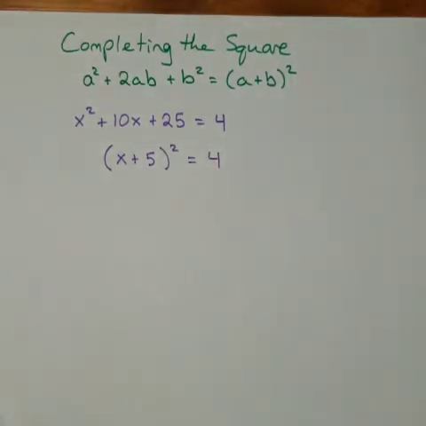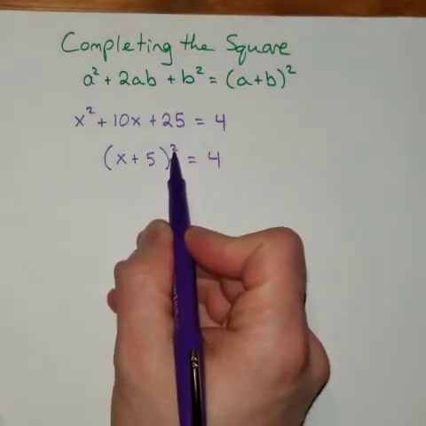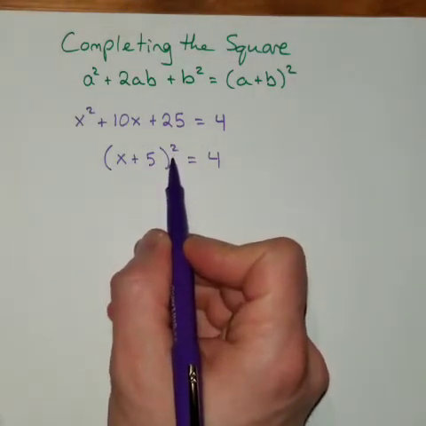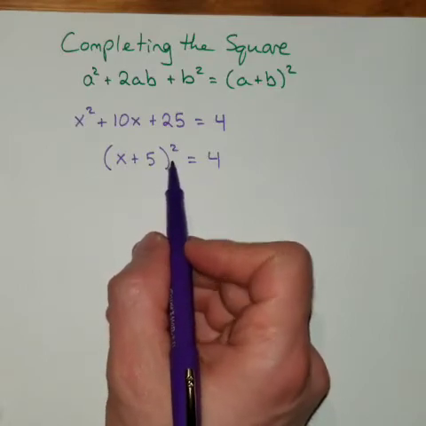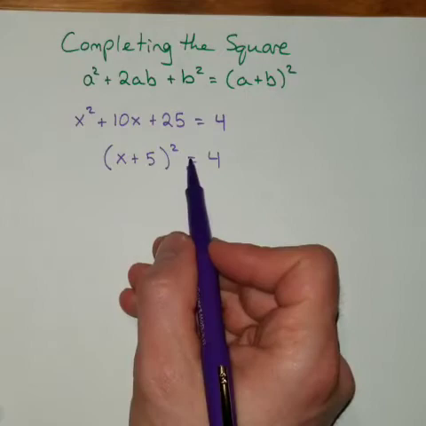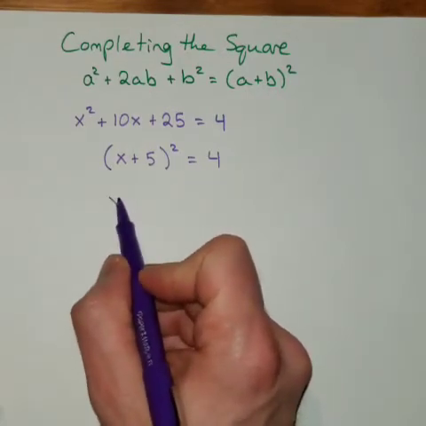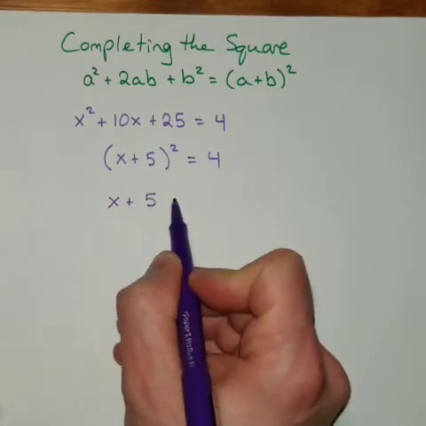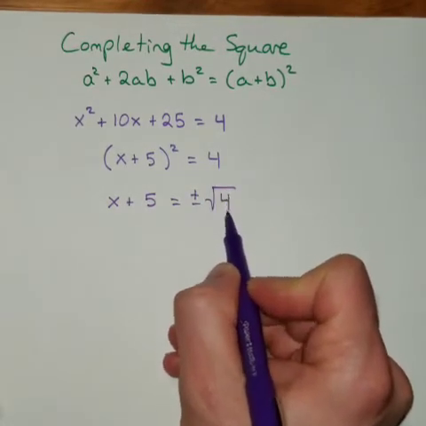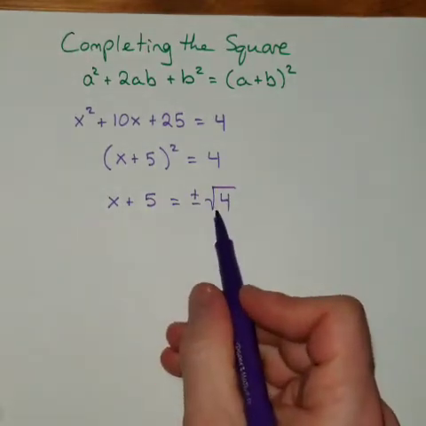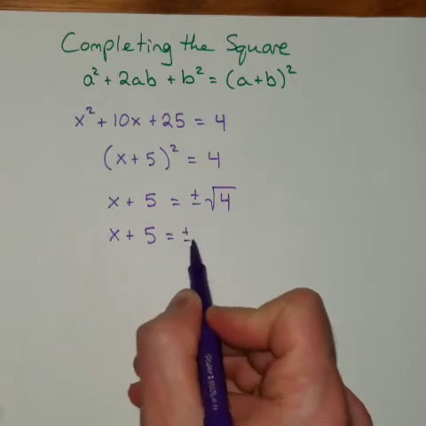Because the entire side is raised to a second power, I can apply the square root property, which we saw in previous videos, kind of like taking the square root of both sides but using the plus or minus. So it becomes x plus 5 equals plus or minus the square root of 4. Now we know the square root of 4 is plus or minus 2.